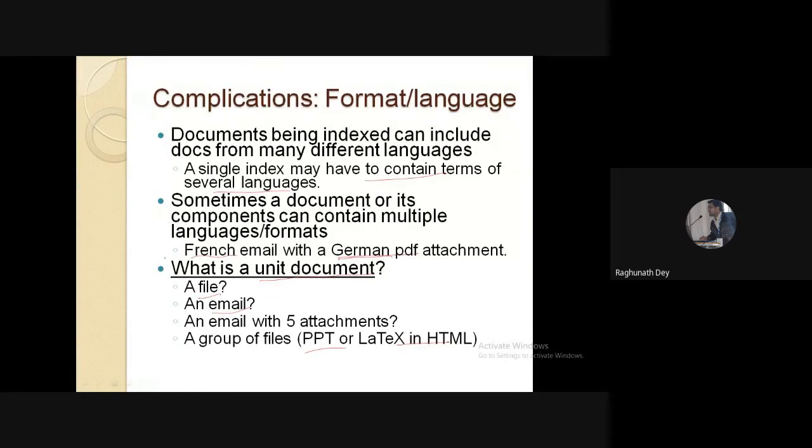So at the same time, you need to handle the French language as well as the German language. Your parsing system, your indexing system must be able to understand both French as well as German. How to do all these things? Very critical, very research oriented approaches.